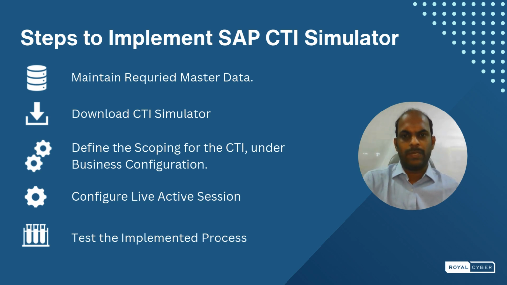After that, the live activation section, what changes we need to make. Once all these 4 steps have been done successfully, we are going to test the process. In the testing, as a sales representative, we will see how to do an outbound call.